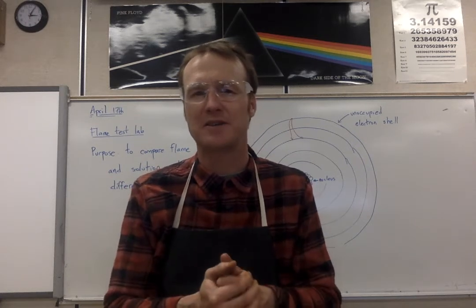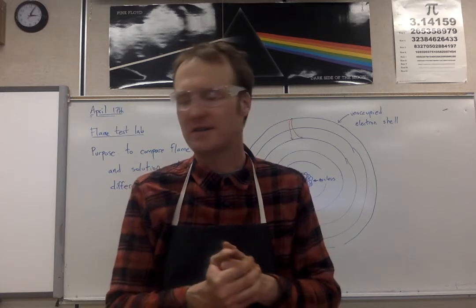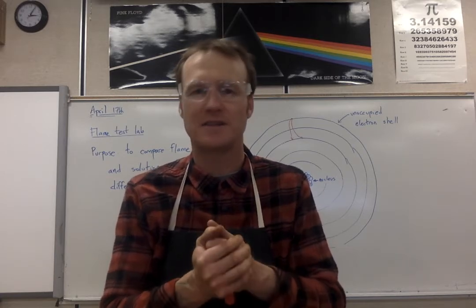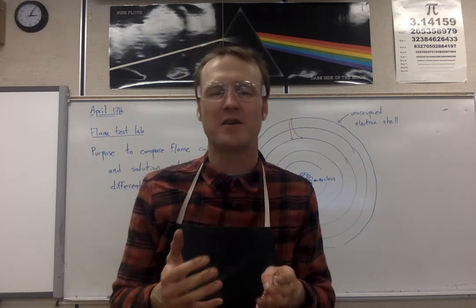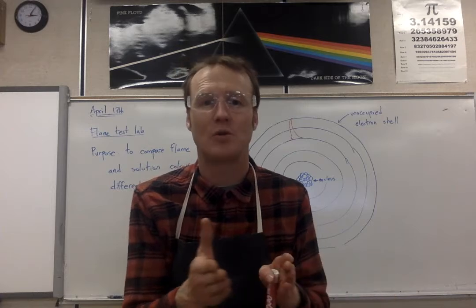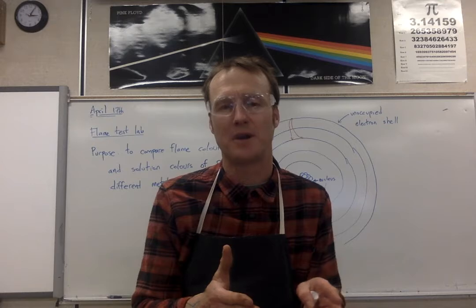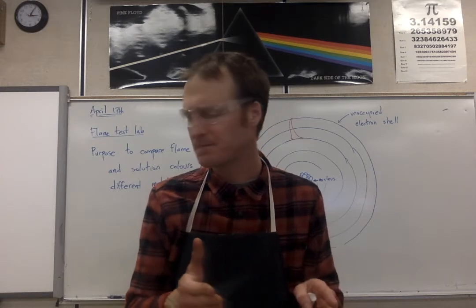The other purpose is I want us to look for evidence that it's the metal. Because ionic compounds are made of a positive ion and a negative ion. I've told you that already. The positive ions are metals, and the negative ions are nonmetals, or combinations of nonmetals.